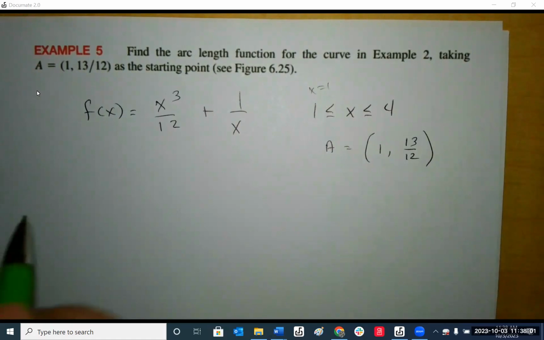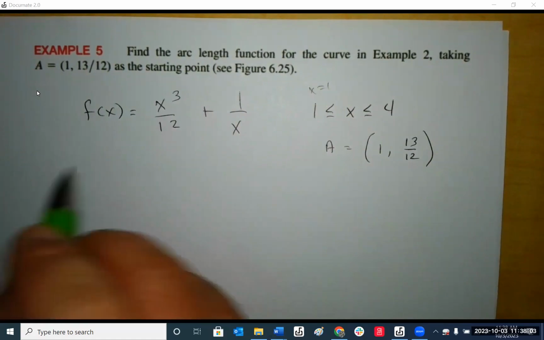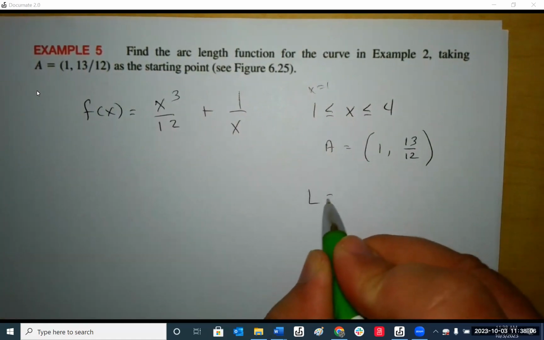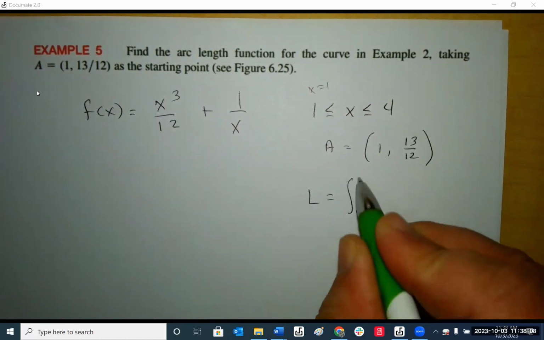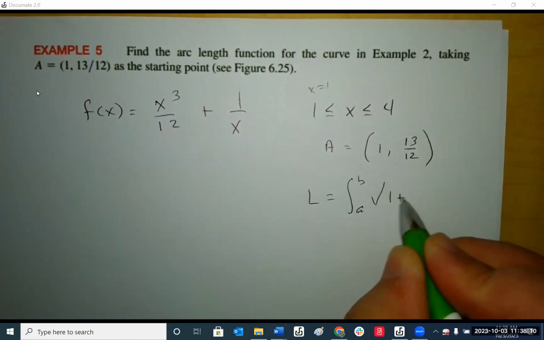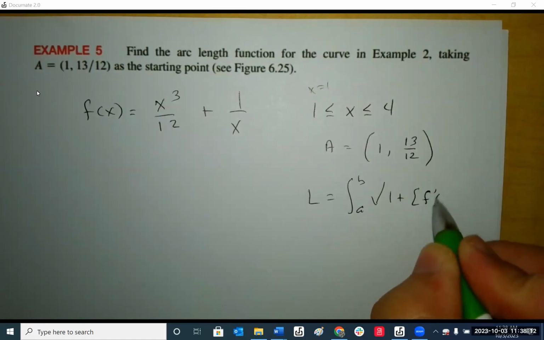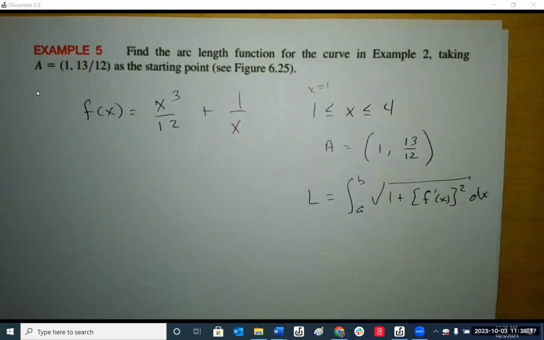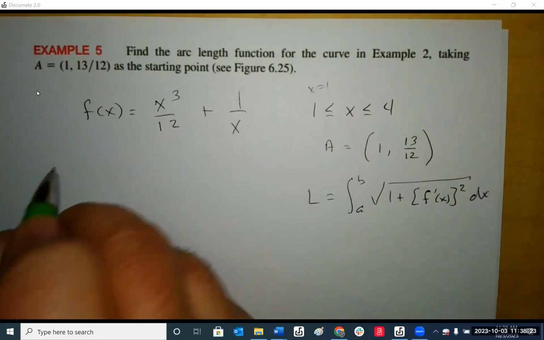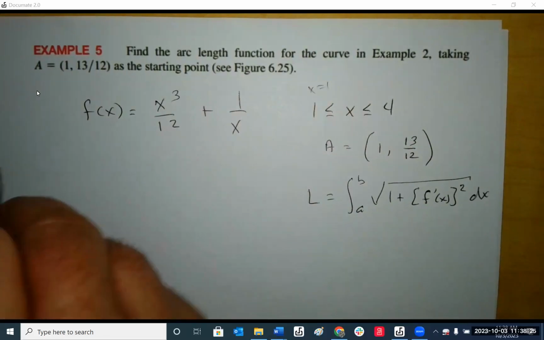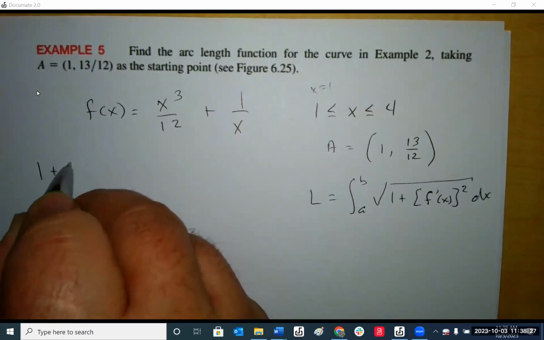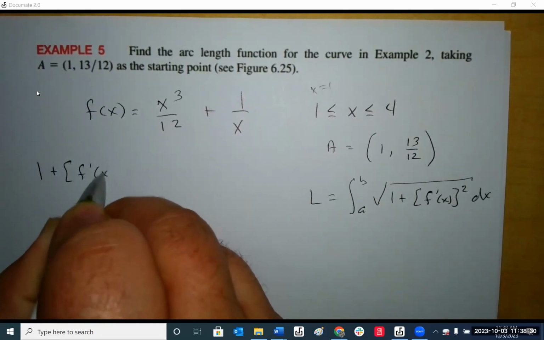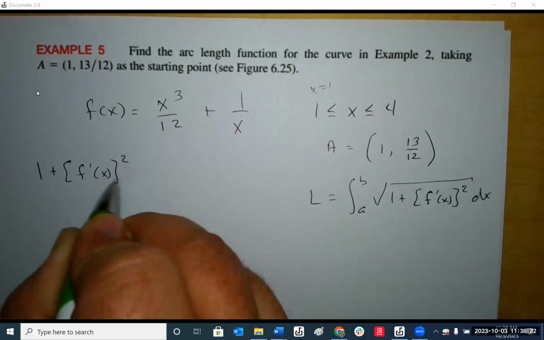The first thing we have to do is find 1 plus f prime of x squared, which we did in example 2.